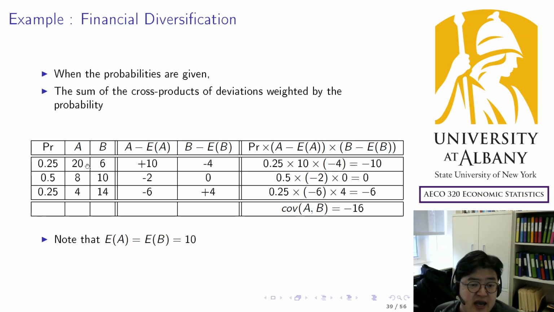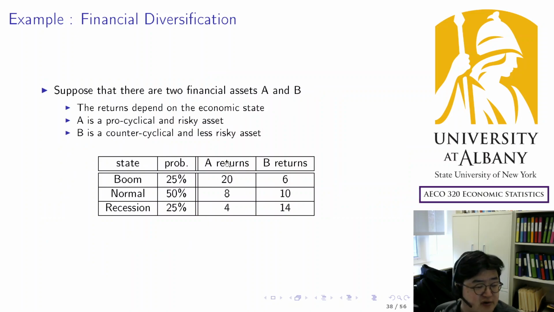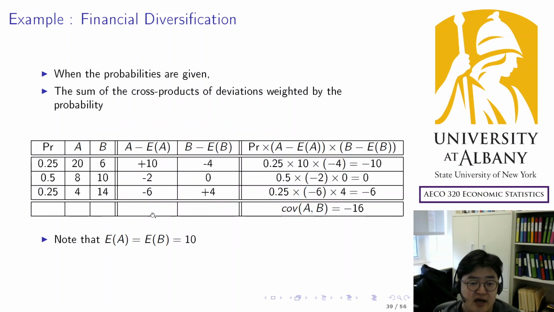Say A has 3 possible outcomes, B has 3 possible outcomes, right? And we first have to calculate their expectations using the probability. And I intentionally made them both 10. So take the deviation of A here.